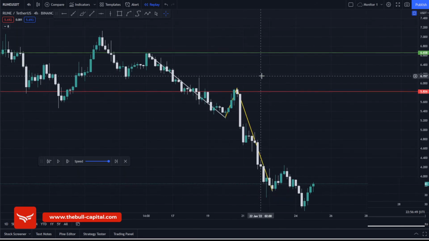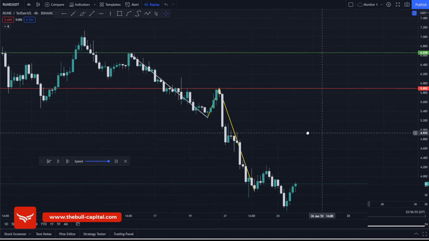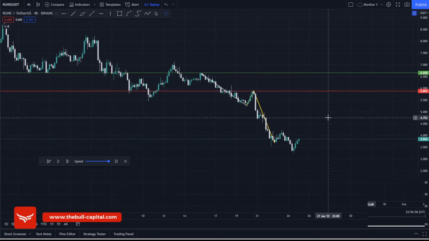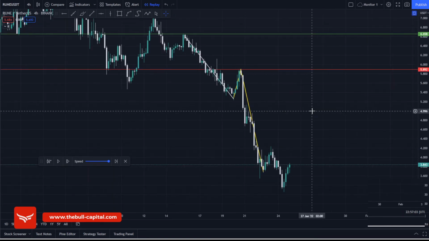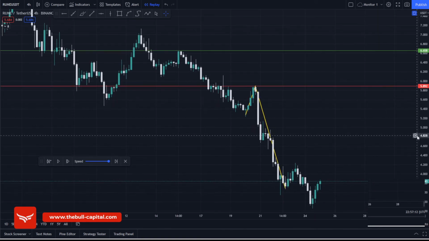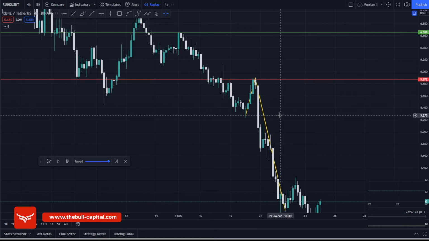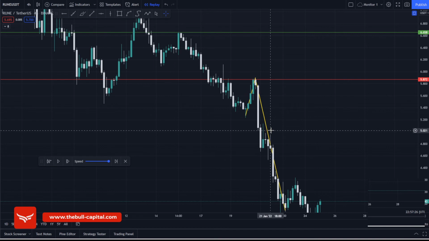Yes, it created a peak, and now this acts as resistance. So for example, when a level is getting broken, for example it went lower here, you should wait for a comeback to this level to see how it reacts at this resistance. And you can have an entry here with a stop loss just above this level.